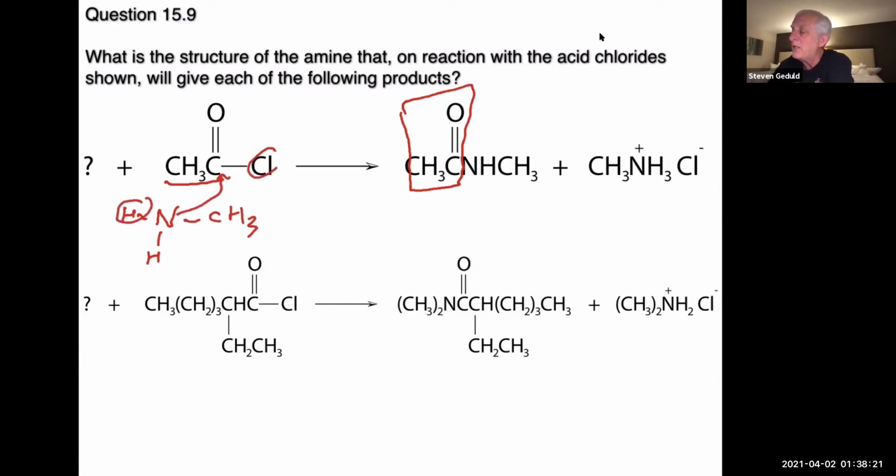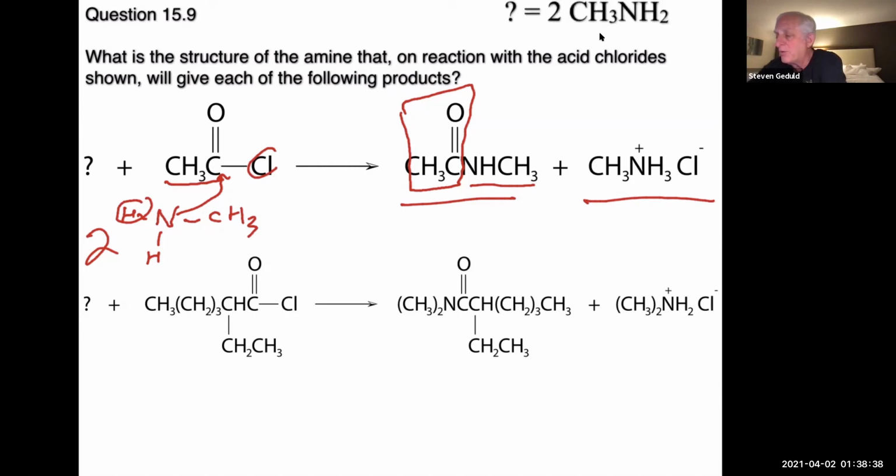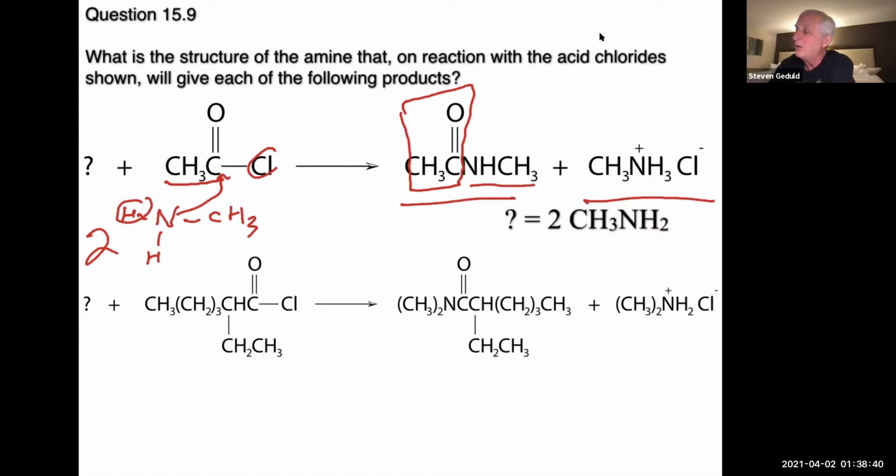And you get the NHCH3. And you need 2 of these, 1 for your amide and 1 for your ammonium chloride, or your methyl ammonium chloride in this case. Okay, makes sense. So that's the starting materials for the first one: 2 CH3NH2s, just what we drew there.